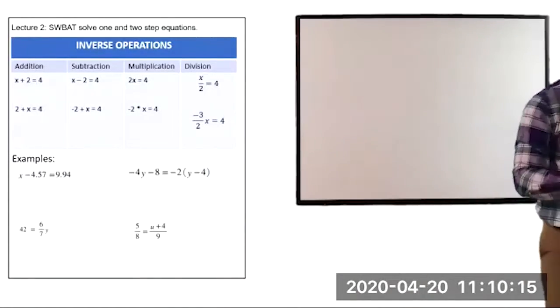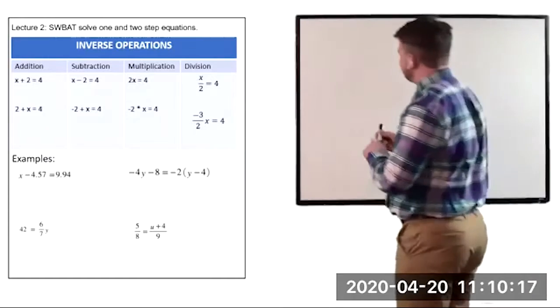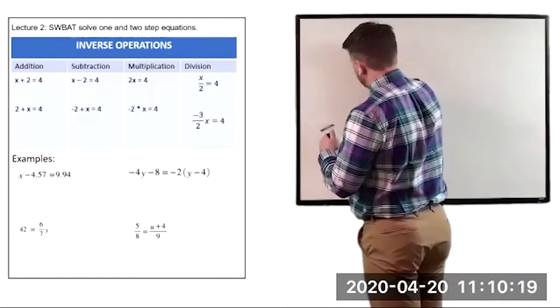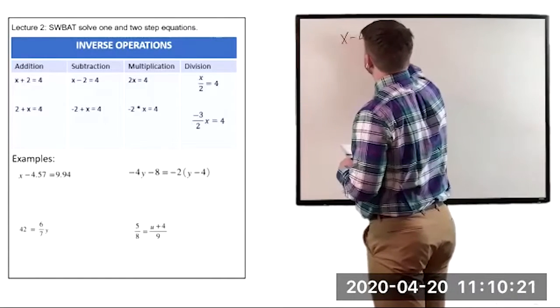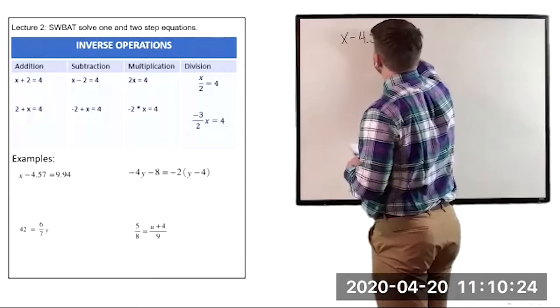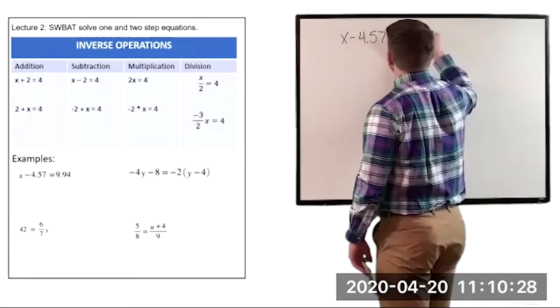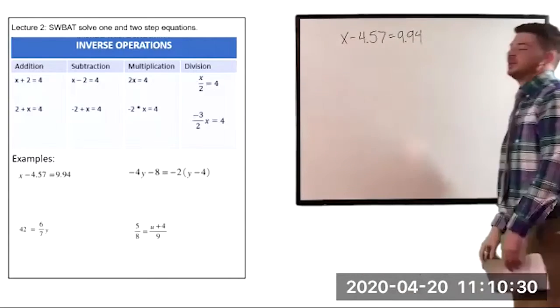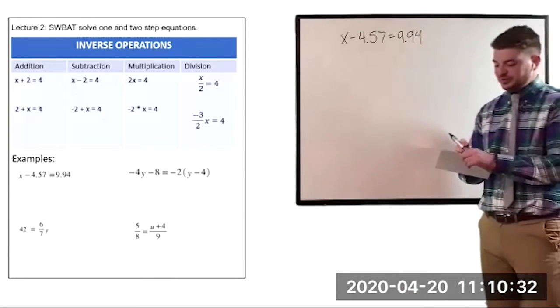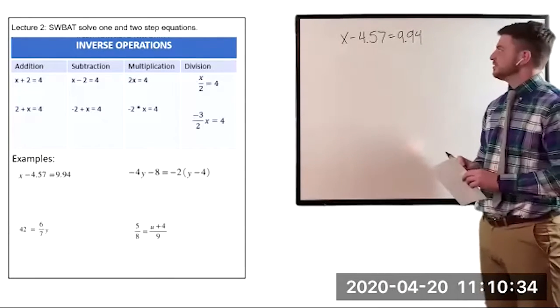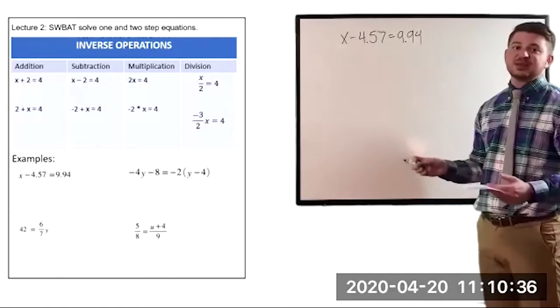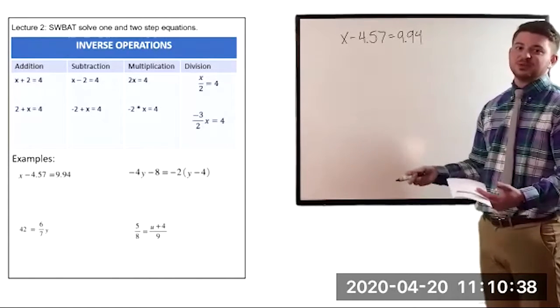All right, for example number 1, we have a decimal. We have x minus 4.57 equals 9.94. Okay, so I know that this isn't a super straightforward, easy problem because we have decimals here, but you treat decimals the same thing you would do if you had whole numbers or integers.